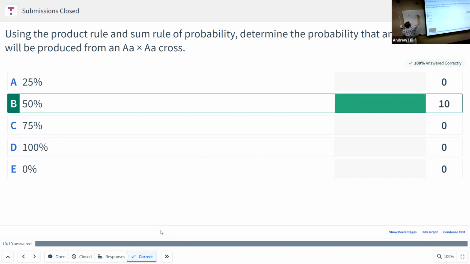So we have a female and a male, they get together, and we can look at the gametes. So let's imagine the female makes a small a gamete, right? What's the chance of her making a small a gamete?